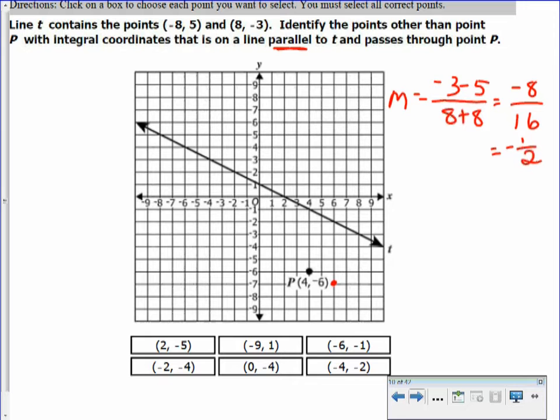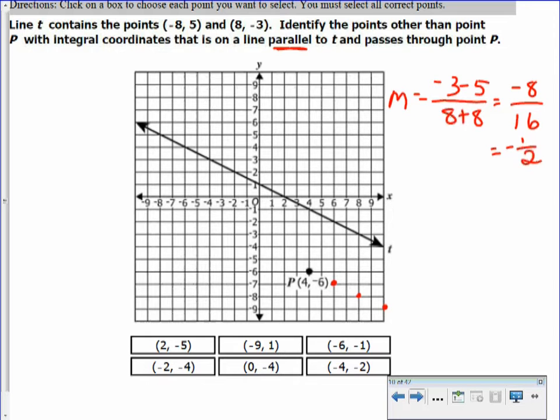And then we can do that again. Down 1, right 2. And down 1 and right 2. But we don't always have to go down. We can start by going up. But if we start by going up, then we need to go left to accommodate the fact that this is negative.